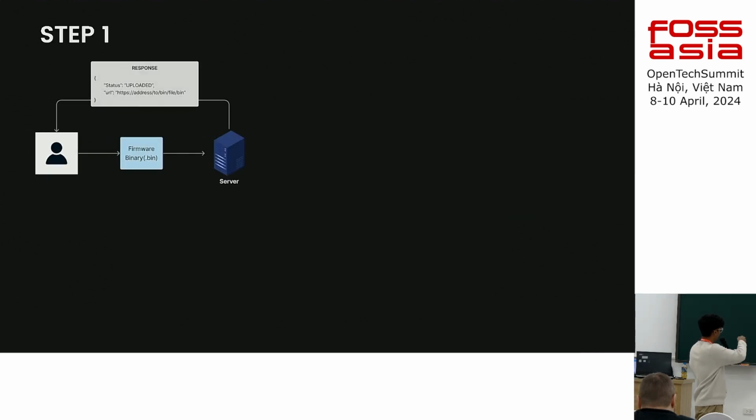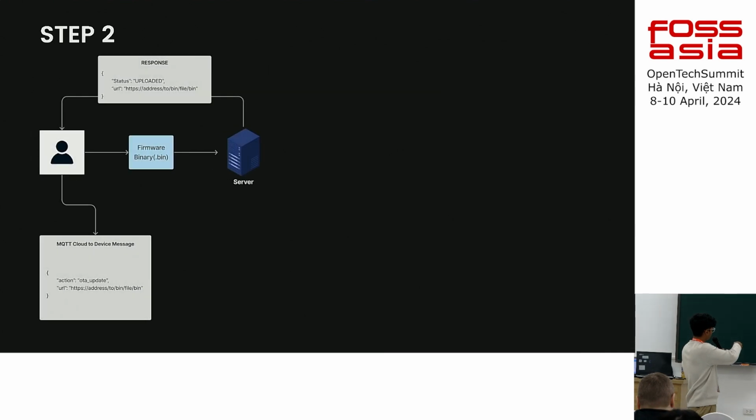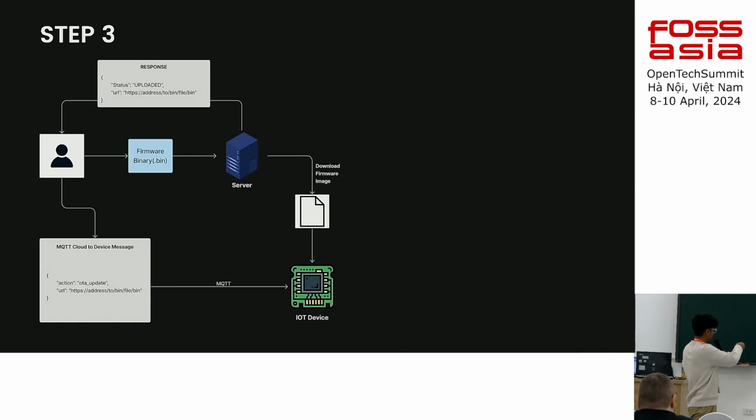You can see here, first the vendor service pushes the update binary file to the server through an HTTP request, and you get an HTTP response back. After this, the vendor service makes an MQTT call to the IoT device, so the IoT device will know that there is a new update and that it has to update to the latest version.